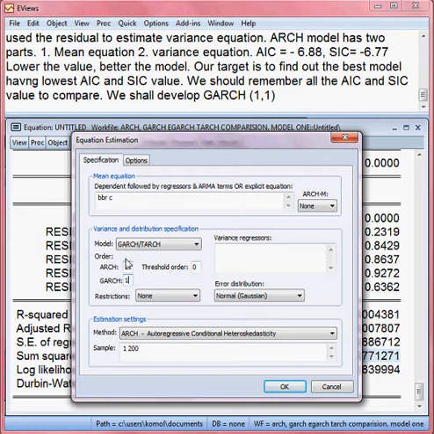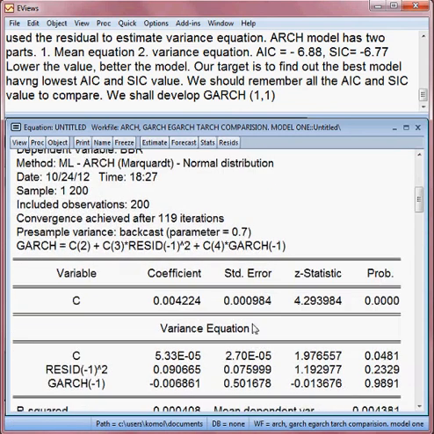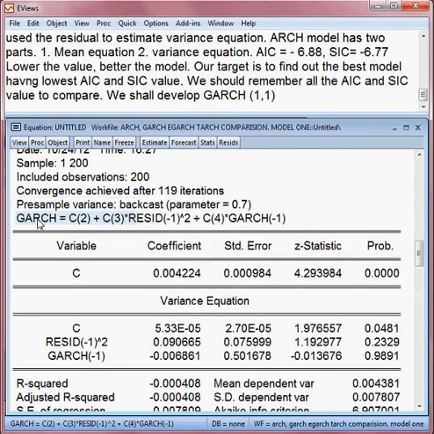So this model is called the GARCH 1,1 model. Then I click OK. So that is the outcome. This is my GARCH 1,1 model, and you can see this is ARCH 1 and this is GARCH 1, right?